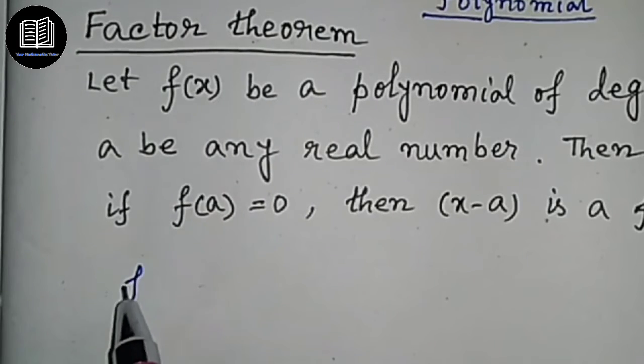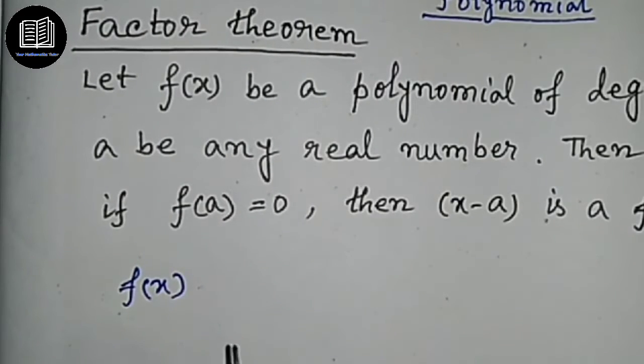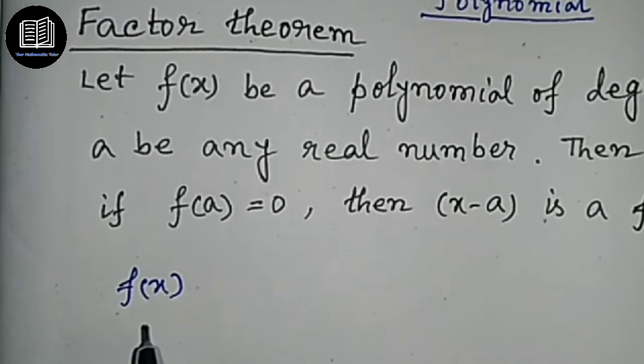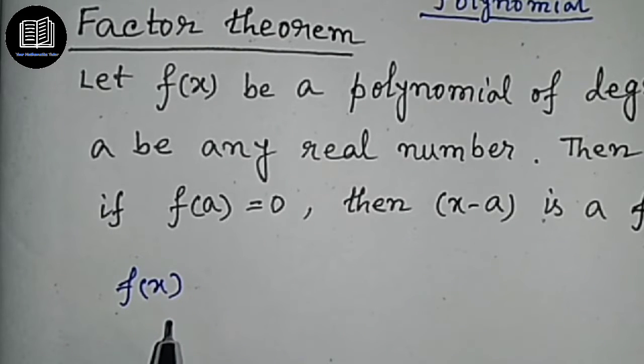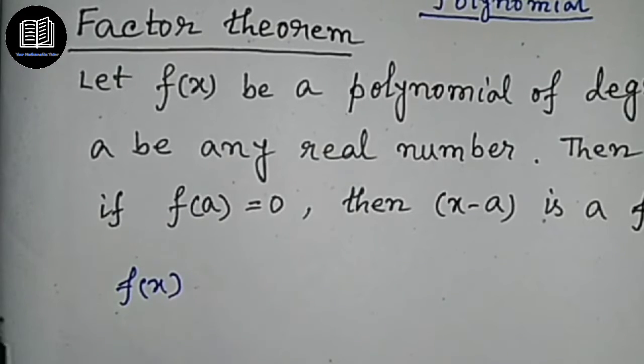That is, f(x) is a polynomial. In the previous class, we read that by remainder theorem, when f(x) is divided by x minus a, the remainder is f(a).